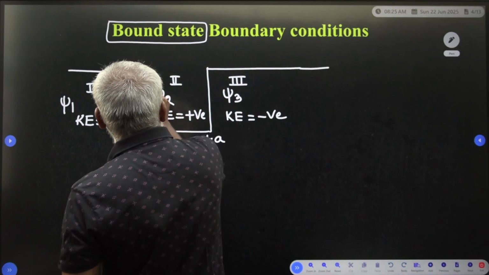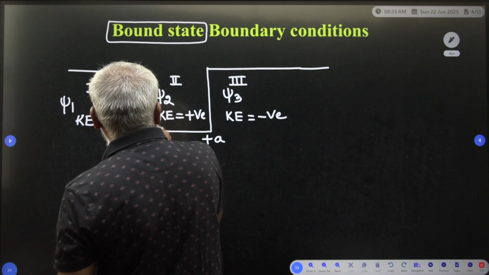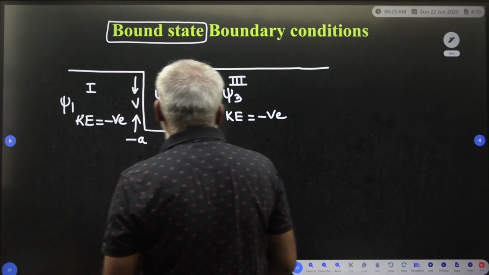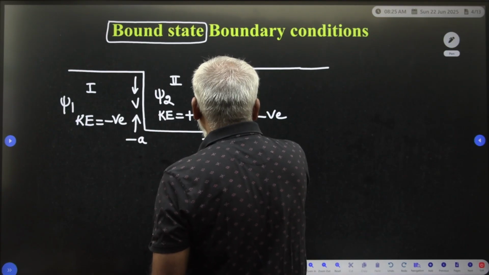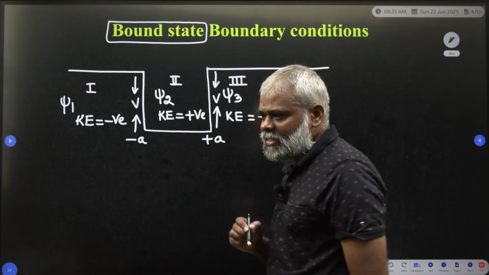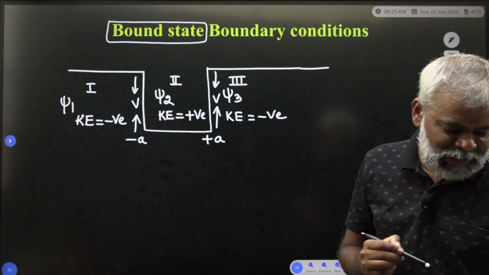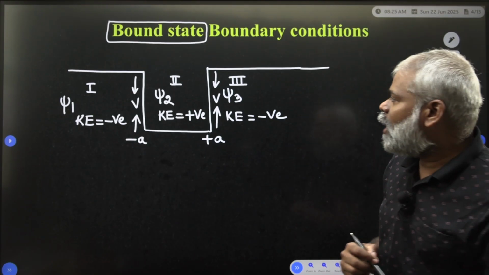So what is the height at x is equal to minus a? That height is equal to V, and at x is equal to plus a, this height you also have to consider as V only.